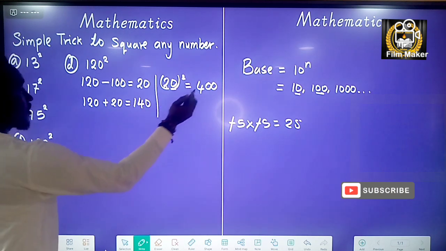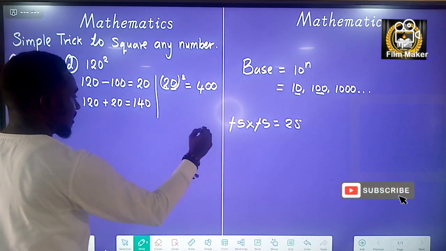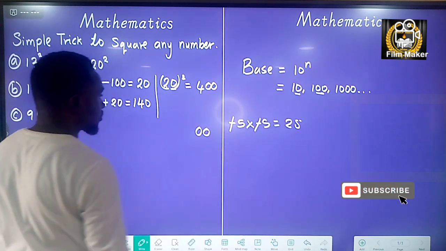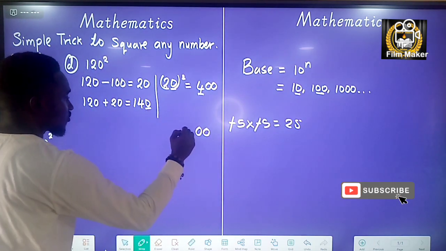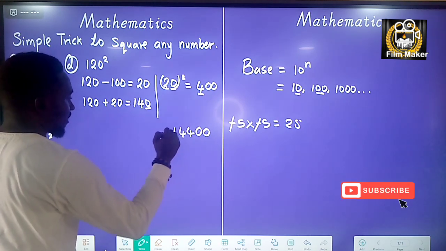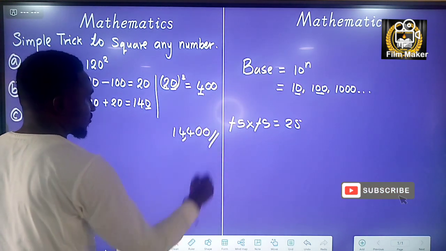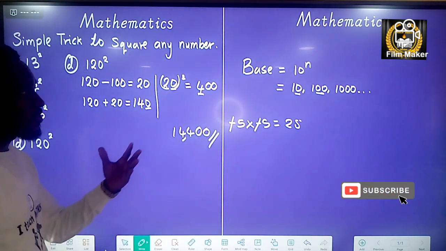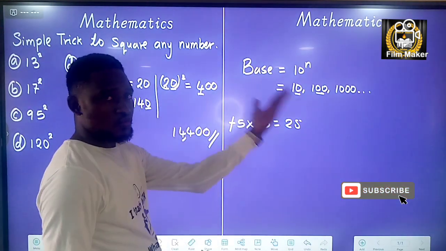So now, these 2 zeros are permitted to be standing there because they are taking the place of these 2 zeros. Is that not so? So this 4 plus this 0 is 4. Then bring down this 4, bring down this 1. So your answer is 14,400.